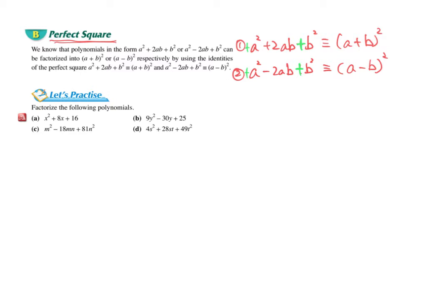Let's say question A, x squared plus 8x plus 16. First of all, we can see that x squared is a square term. 16 is also a square term because we can make it 4 to the power 2. So 16 is also 4 to the power 2. And you can see that both of these terms have a positive sign in front of them.